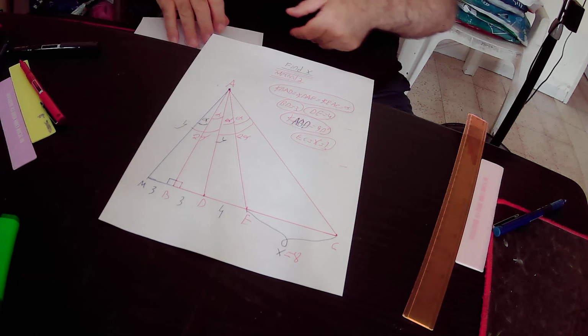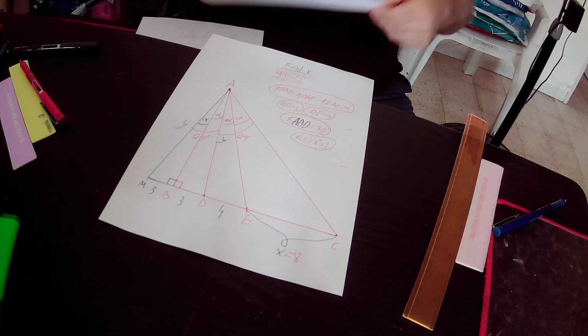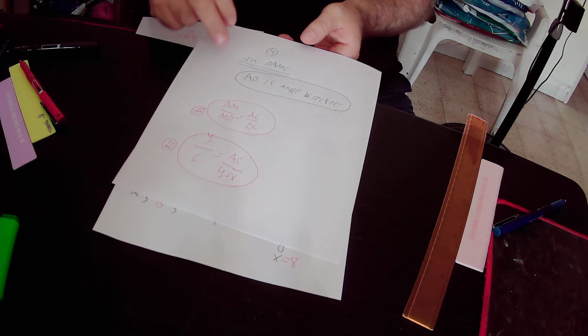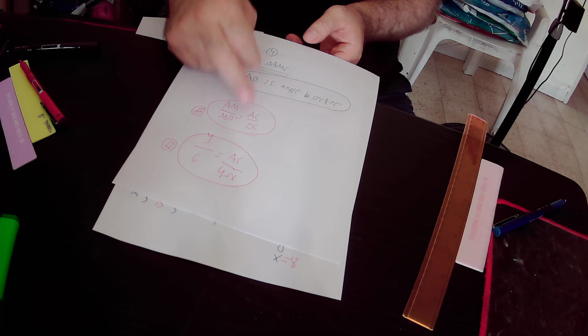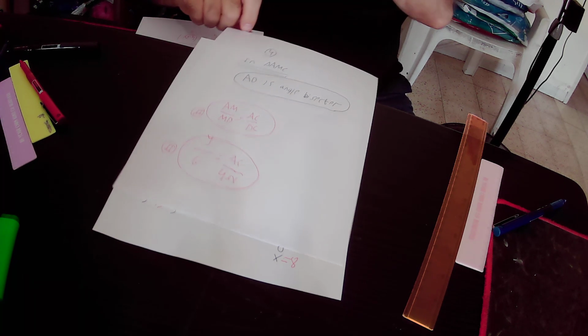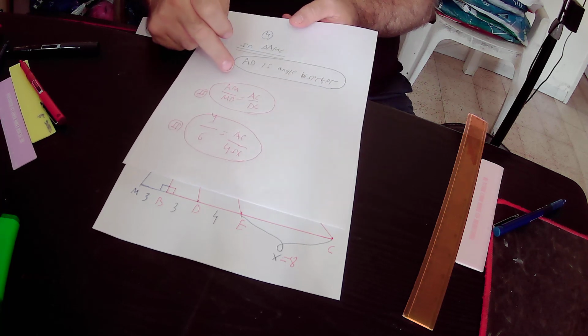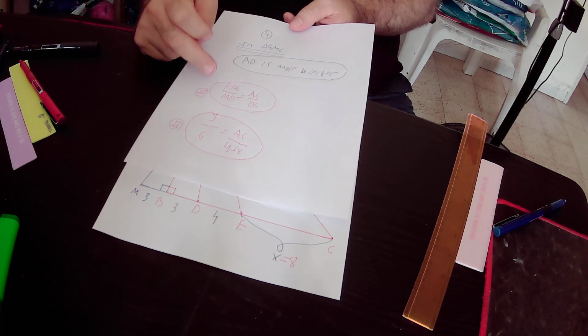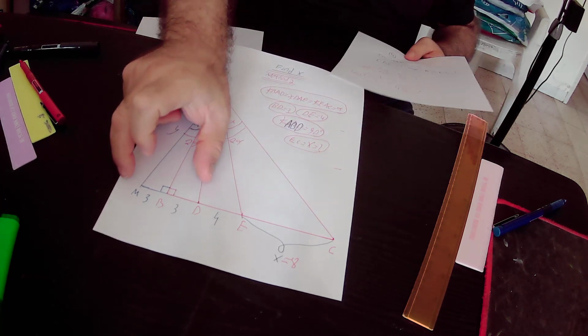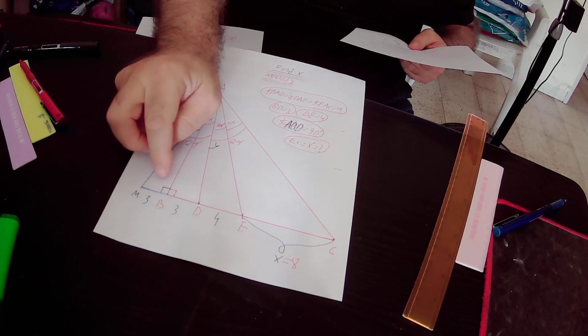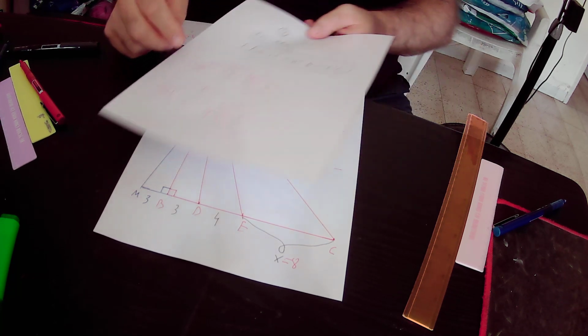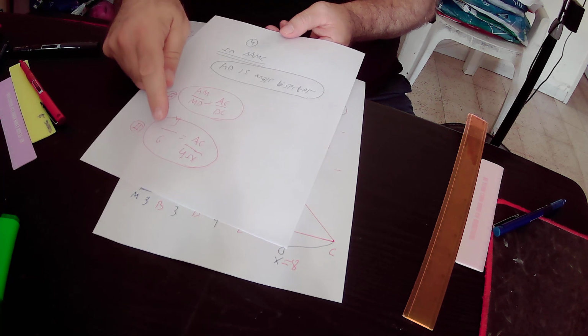In triangle AMC, AM over MD equals AC over DC. But AM equals Y according to our definition, so we substitute AM by Y. MD equals 3 plus 3, that is 6.